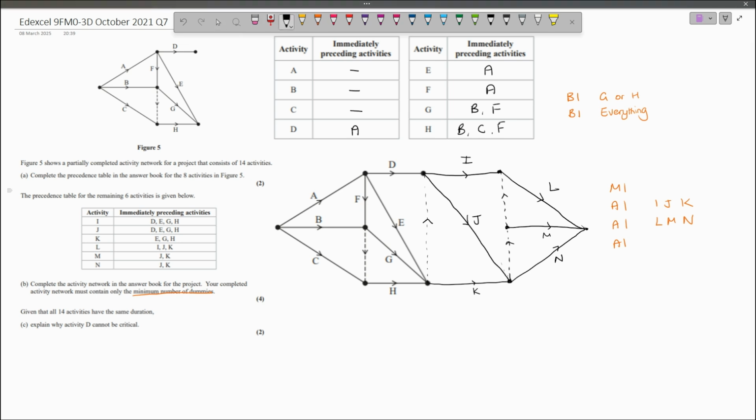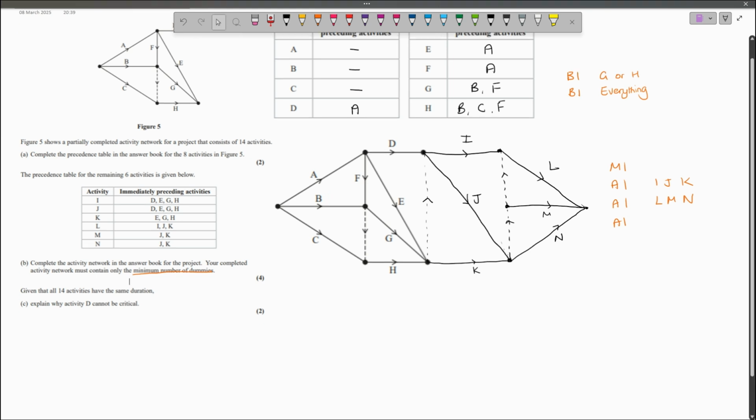Okay, question C. Explain why activity D cannot be critical if all 14 activities have the same duration. So let's think about all the different paths that could go via D and all the paths that can't go via D. And thinking about this, if we're going via D, you only have 2 more activities until you reached the sync node, until you finish the activity.